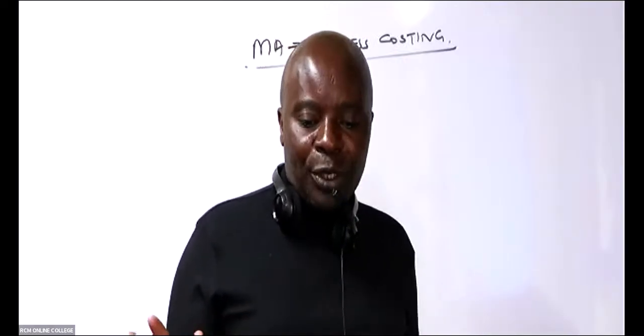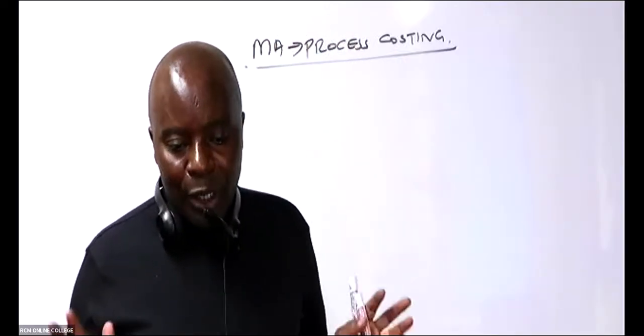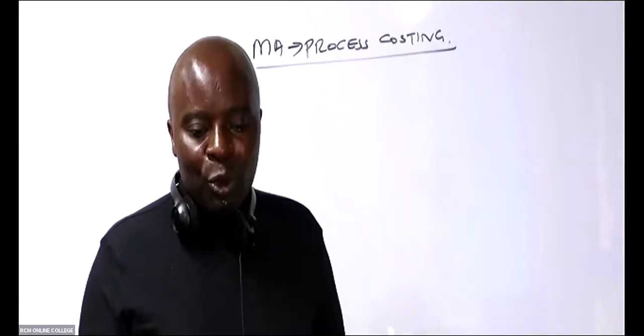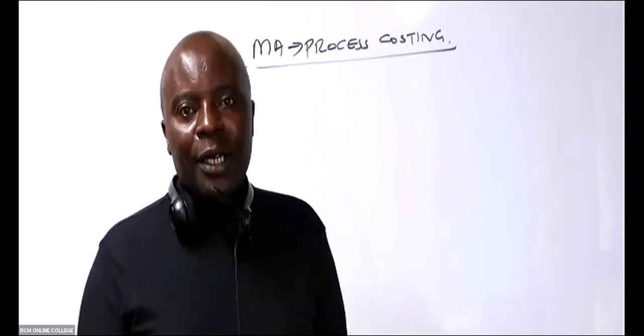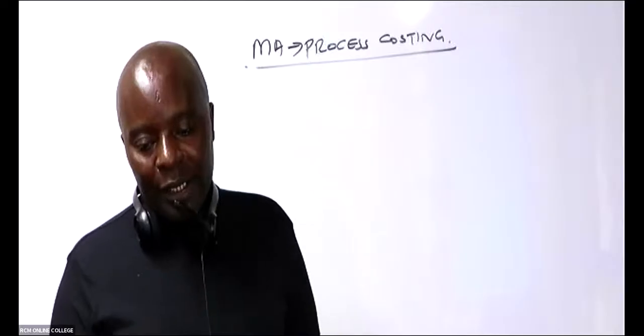And then, of course, the last lesson, which will be next week on Thursday evening, I'll be able to do what we call work in progress, both closing work in progress and opening work in progress. Those are the only areas which are left. So let's see how far we can push this particular area in an hour.